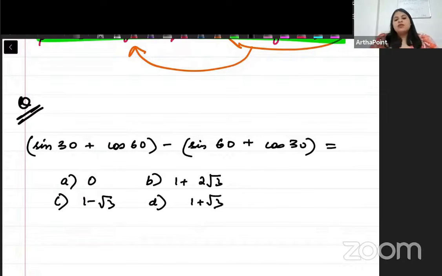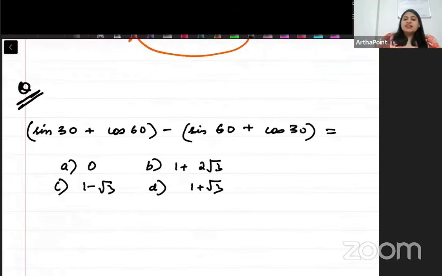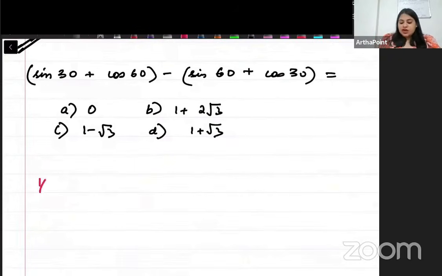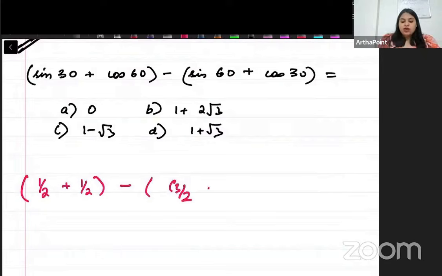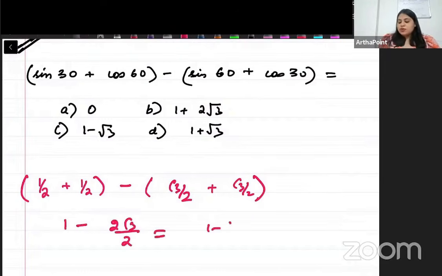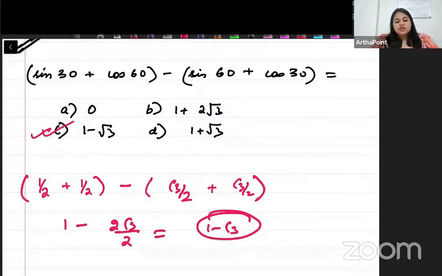Which is the correct option? Very simple. We know sin 30 is half, cos 60 is half, sin 60 is √3 by 2, and cos 30 is √3 by 2. So this will be 1 minus 2 times √3 by 2, so it will be 1 minus √3. The answer to this question will be C.